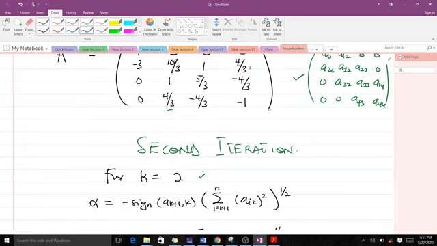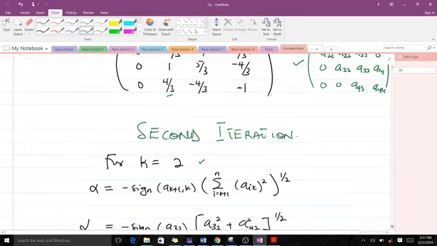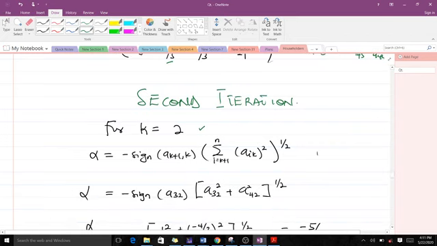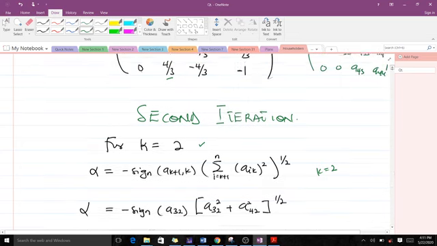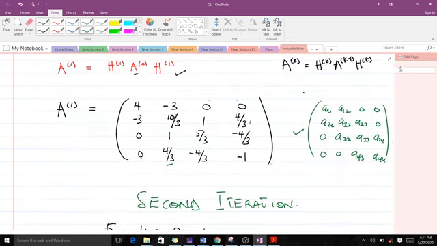So note that from the algorithm, the value for alpha is negative the sign of A(k+1,k) times the square root of the sum of squares, whatever we have here. So when k is equal to 2, that means you're going to get k plus 1 is 3, 2, and i is going to run from 3 to 4. So you're going to have A32 squared plus A42 squared, all raised to the power half. And note that from our new matrix here, our A32 is 1.